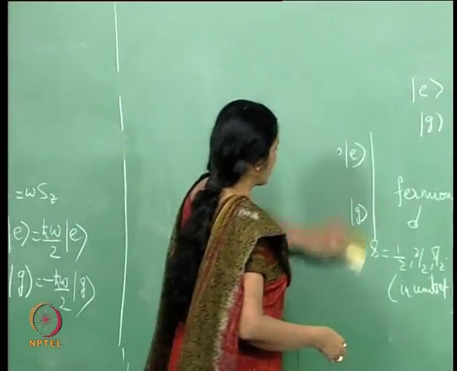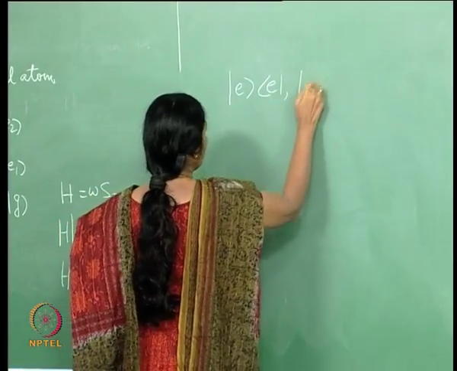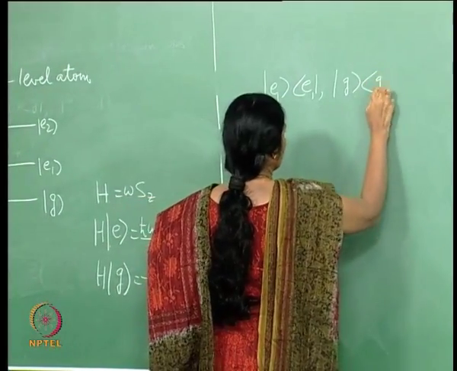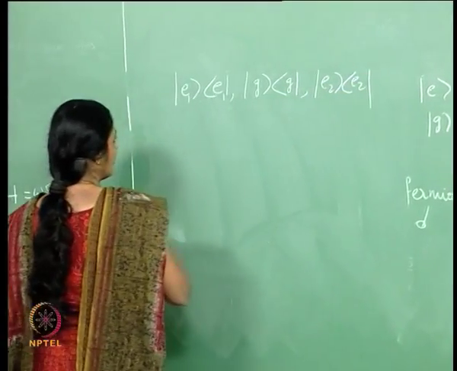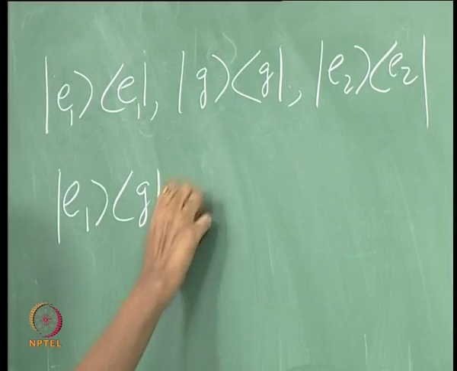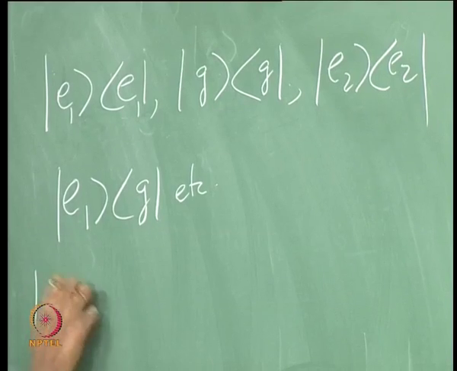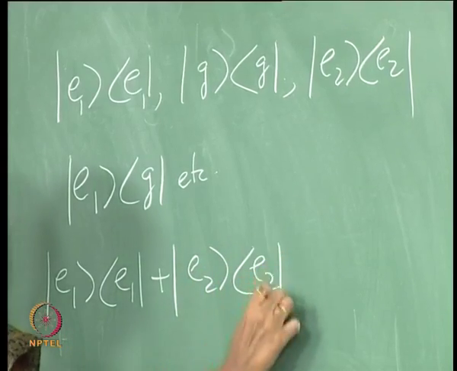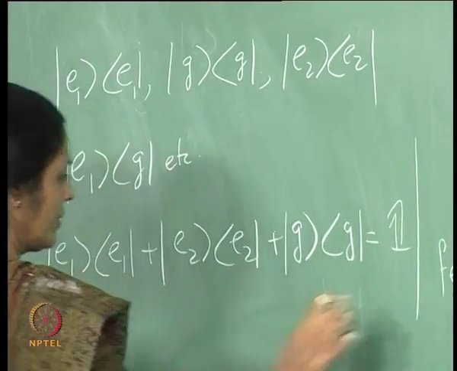I have a set of operators as before, |E2><E2|, |E1><E1| to show that this is the first excited state, |G><G|, and non-Hermitian combinations of this kind, |E1><G|, etc. The completeness relation in this case would simply mean that |E1><E1| plus |E2><E2| plus |G><G| is really the identity operator.